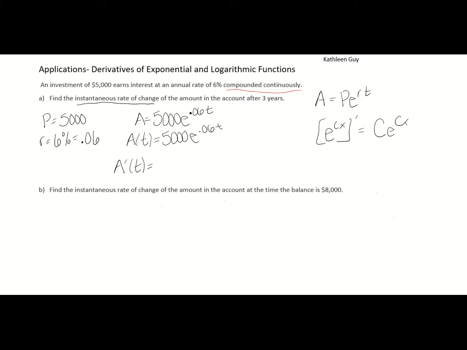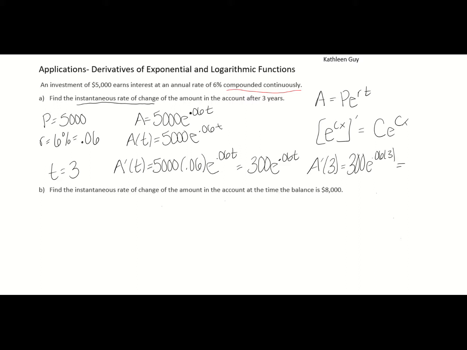In our case, c is 0.06, so it's going to give me 5,000 times 0.06 e^(0.06t). And so that will give me 300 e^(0.06t). But again, I'm looking at when t is equal to 3, so I need to plug in 3. So I have A'(3) is equal to 300 e^(0.06 times 3).